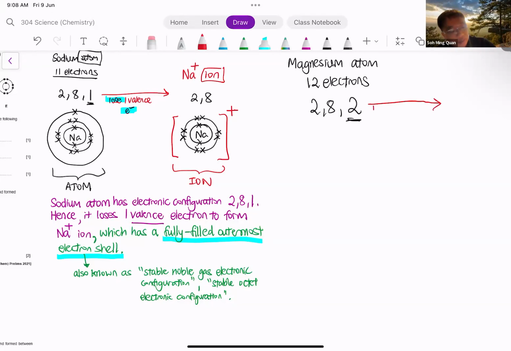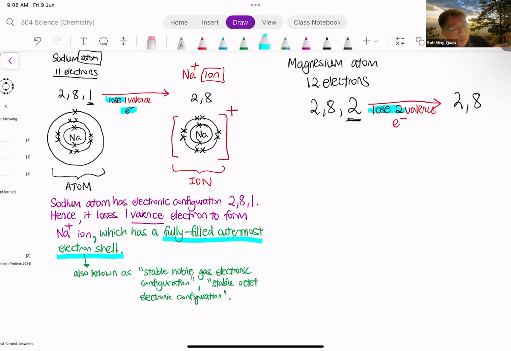So if you have 2 valence electrons, you must lose 2 valence electrons. The idea always is it has to lose the number of valence electrons to achieve a fully filled outermost electron shell. Now you realize that it has lost 2 valence electrons.